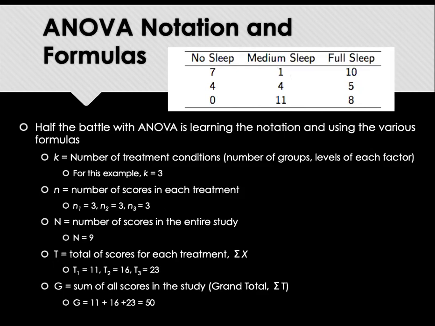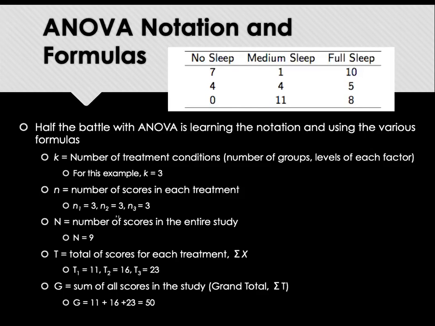T is the total of scores for each treatment. So it's kind of like it goes with lowercase n, right? In treatment 1, there are 3 scores, and the total of the scores is 11. So T1 equals 11. For T2, we're going to add up the scores for treatment group 2.